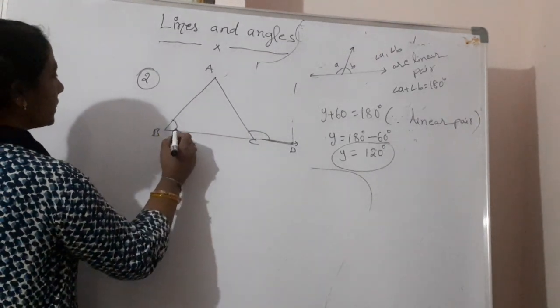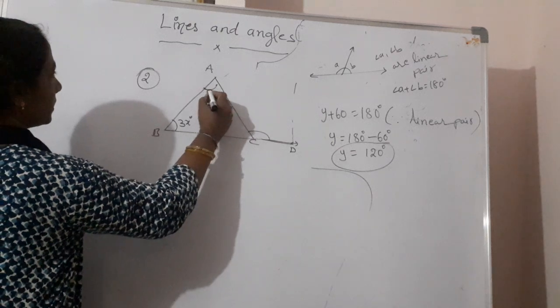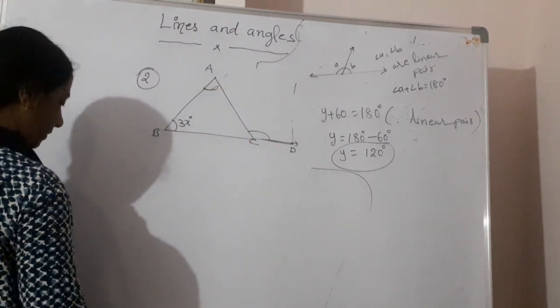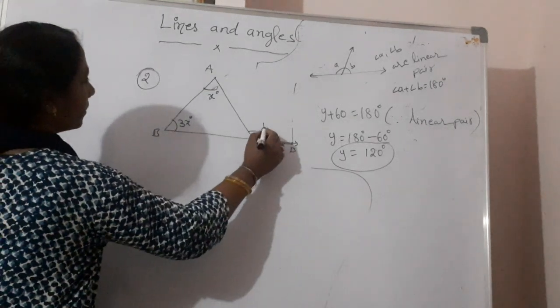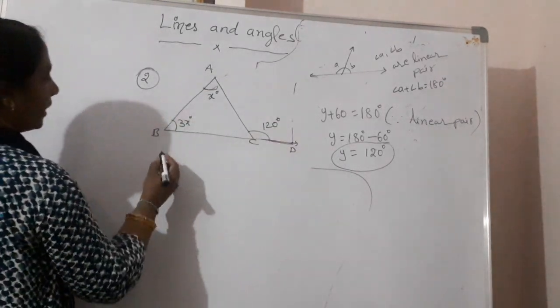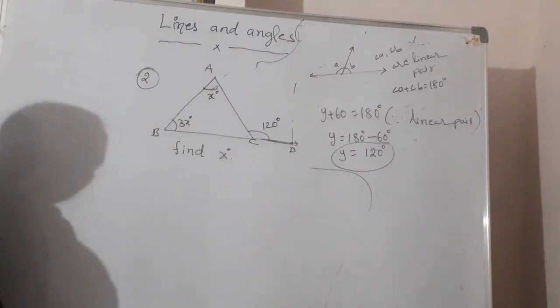So I am giving you 3x degrees, this is x degrees, and this is for example 120 degrees. Then they will ask to find x.